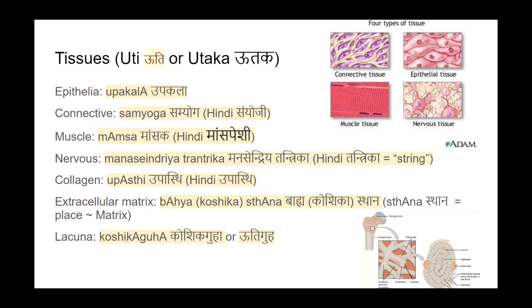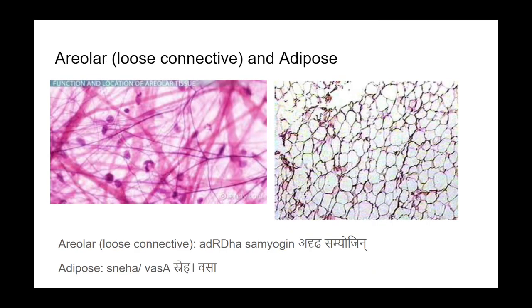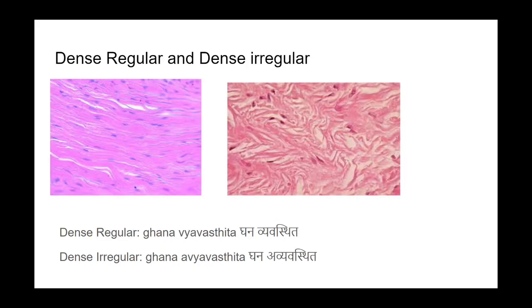So let's go more into the types of tissues and coin words. Areolar is loose connective tissue. So it would be adrada samyogina. Adrada is loose. Adipose is your fat tissue, which is sneha or vasa in Sanskrit. Dense regular tissue. On the left, it's smooth. It's often confused with smooth muscle. Ghana vyavastita, meaning literally dense and regular.